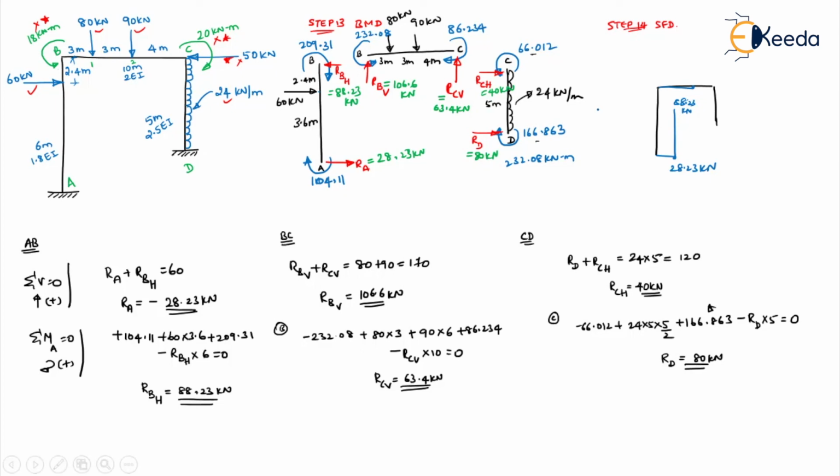Drastically, it will go down by how much? 60 kilonewton. 60 kilonewton like this. See, if you add it up, this is 88.23. Okay, this is 28.23. If you subtract, this portion will be 60 kilonewton. Okay, so that's how your shear force varies in this particular span.